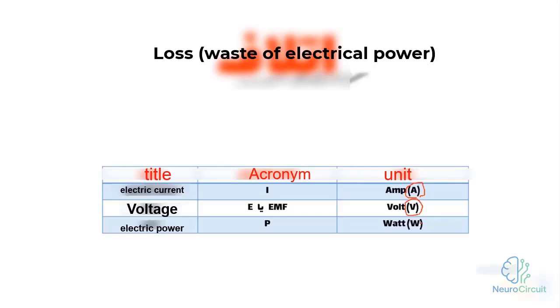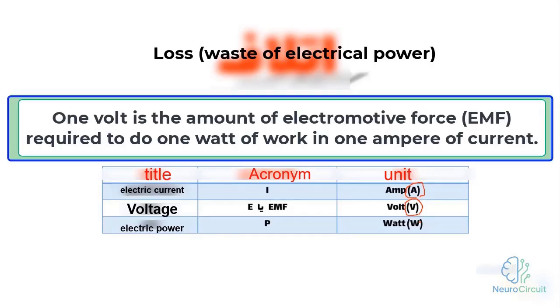Now I can give you a simple definition for volt here, so listen carefully. It's a very short sentence. 1 volt is the amount of electromotive force required to do 1 watt of work at 1 ampere of current. So what does that mean? 1 volt is the amount of electromotive force.